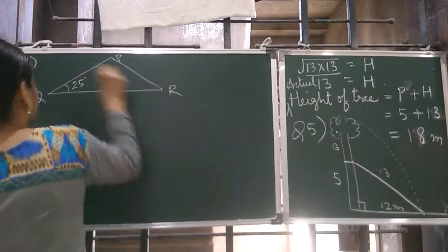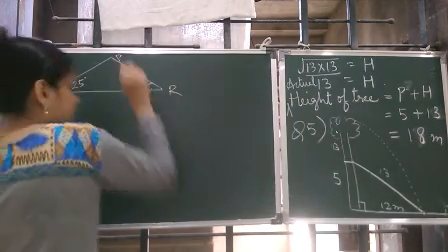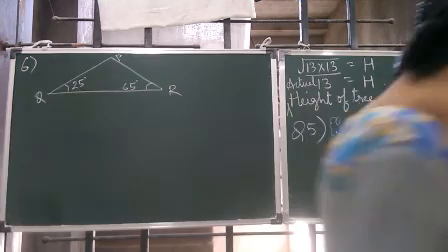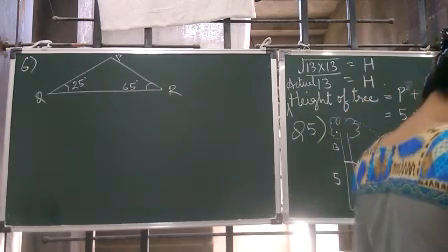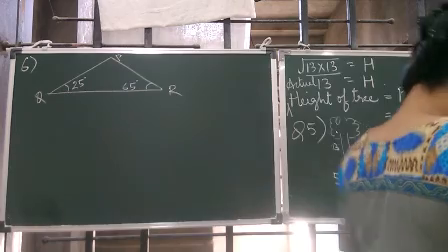This is 25 degrees and this is 65 degrees. Write which of the following is true.